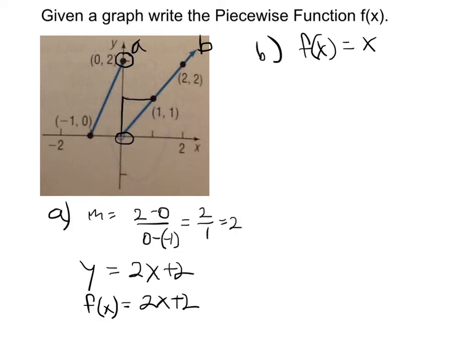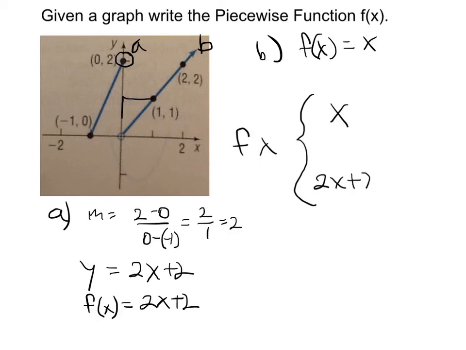Then you can see that right here we start at the origin and we start at x equals 0 essentially. So first thing I write is, alright, well, f of x is going to equal x and 2x plus 2, in some form or fashion.